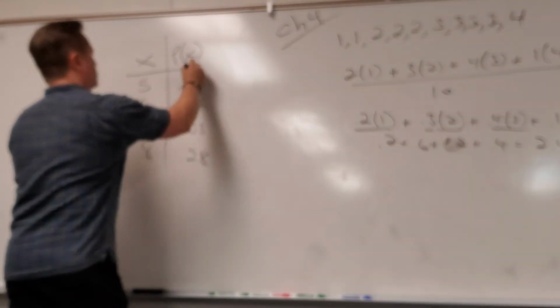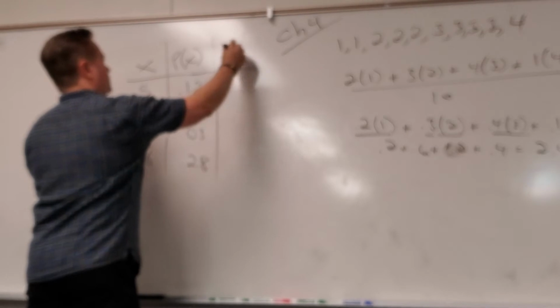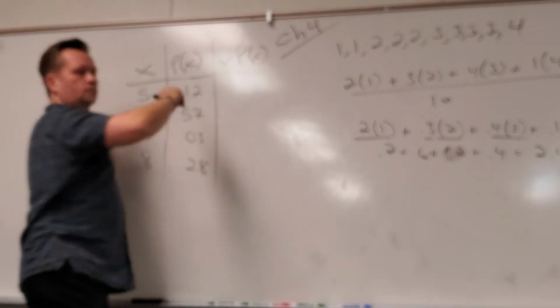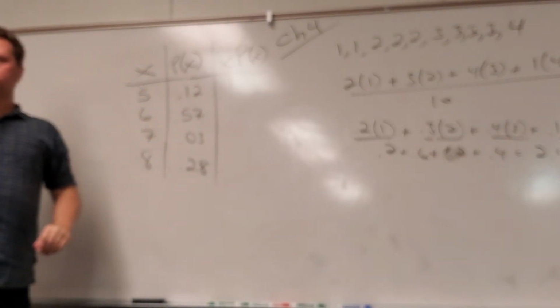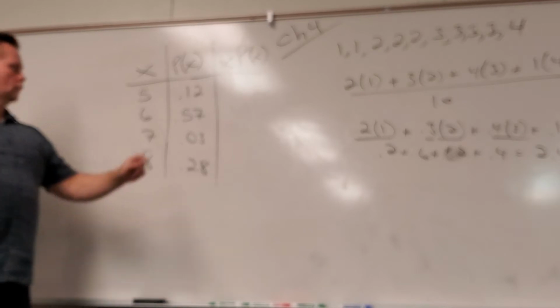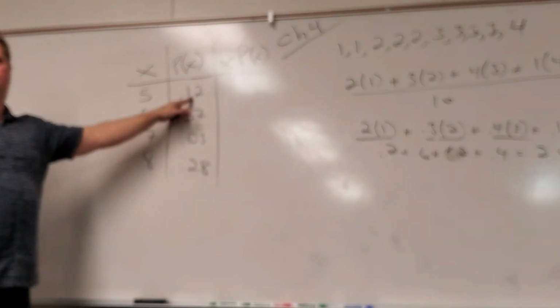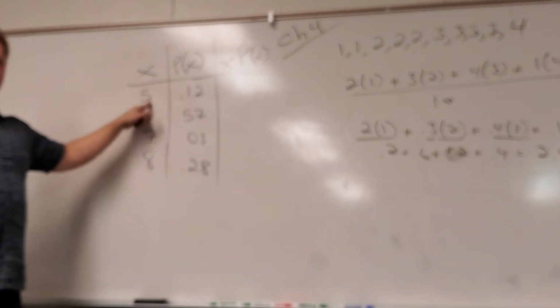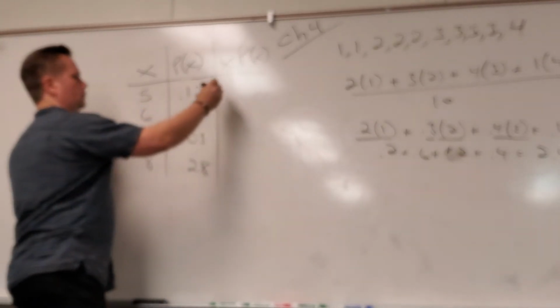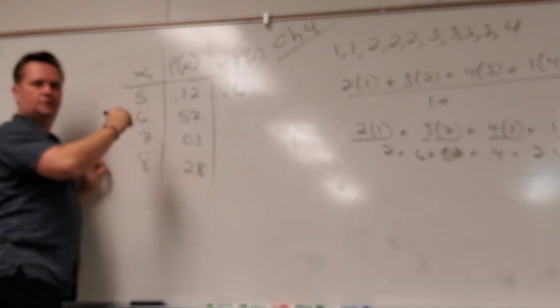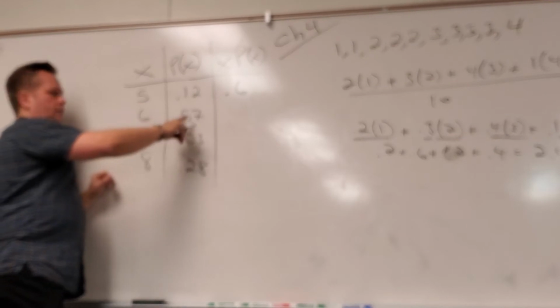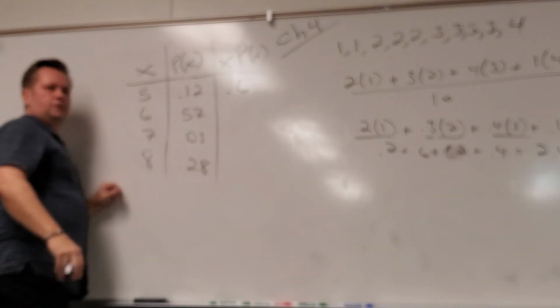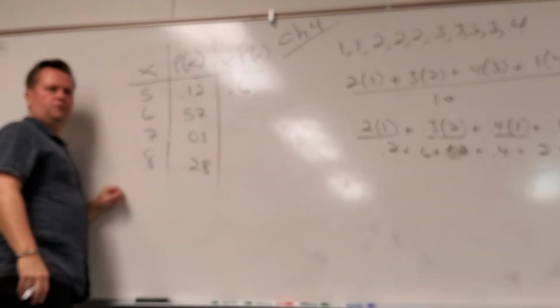So over here I could do x times p of x. So 12%, so 0.12 times 5, 0.6. 0.57 times 6, I don't know. Is that 3.42?